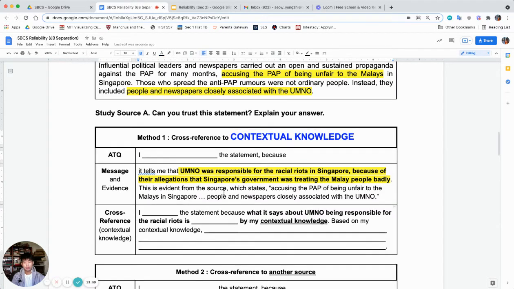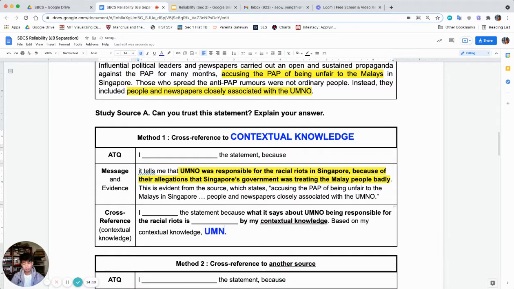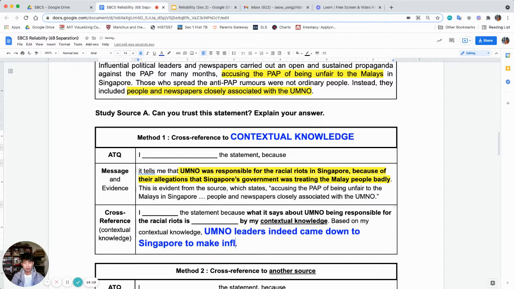So first of all, we look at this message. We think about what we know. This is my contextual knowledge: we know that UMNO leaders indeed came down to Singapore to make inflammatory speeches.